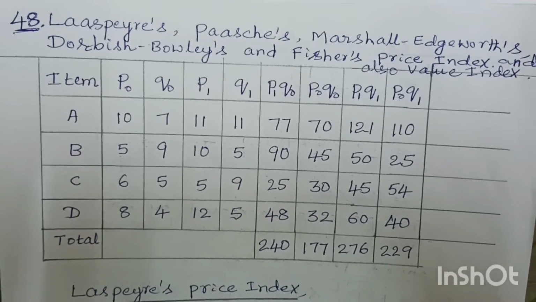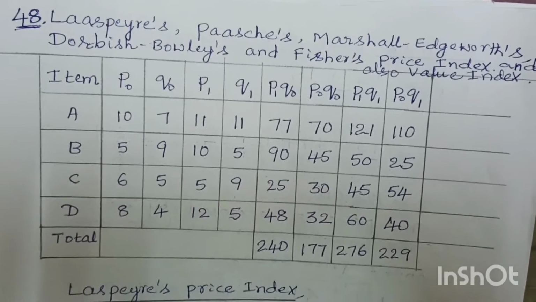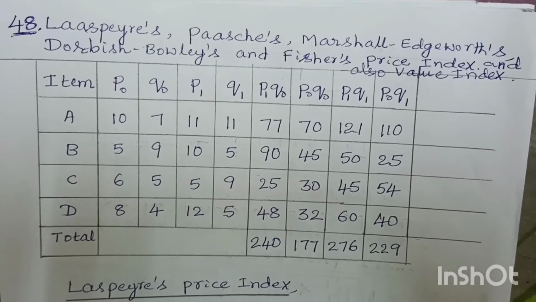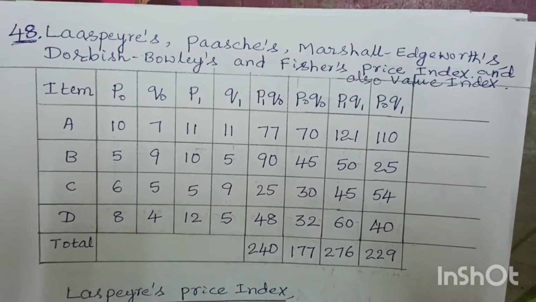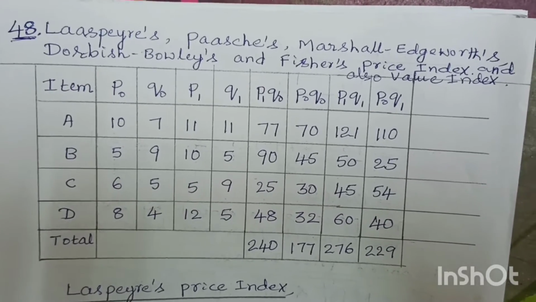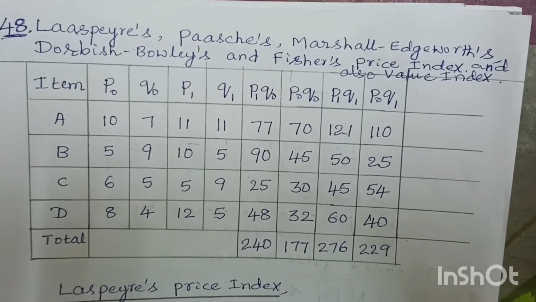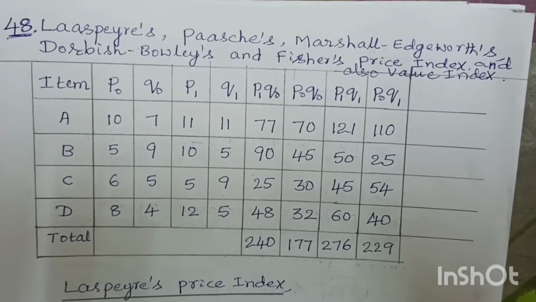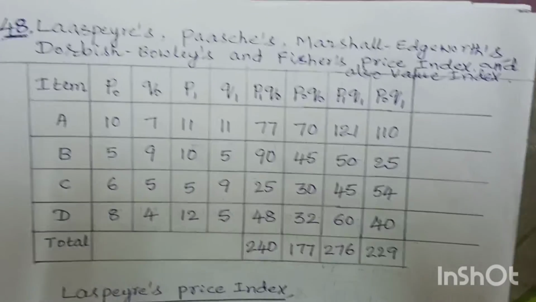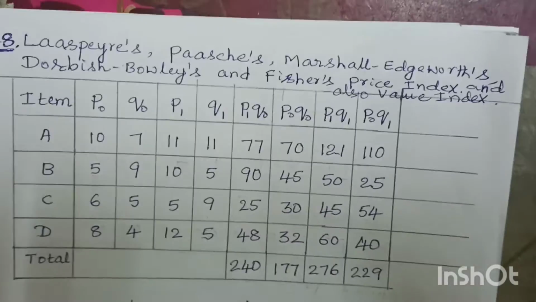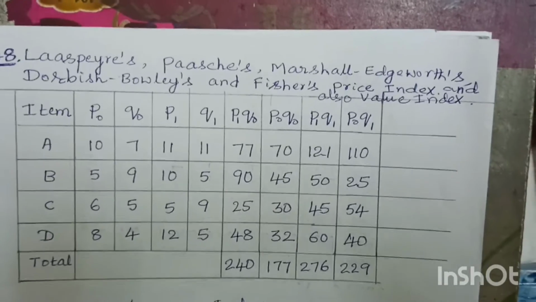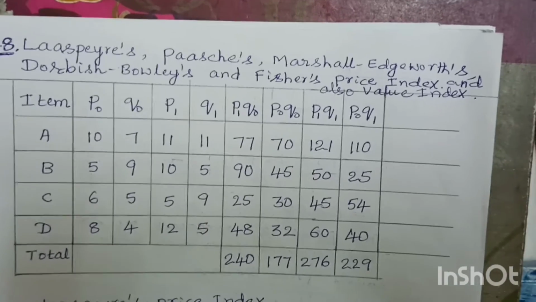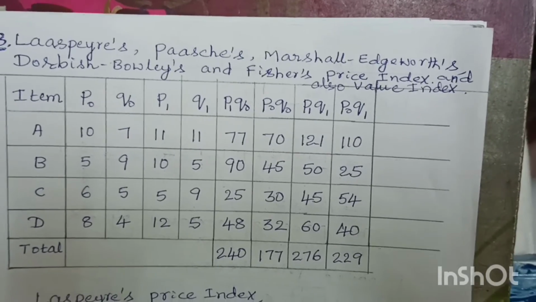The first 4 columns they have already given: item, small P0, that is base year price, small Q0, that is base year quantity, small P1, that is current year price, and small Q1, that is current year quantity. Now find out the products in this order: P1 Q0, P0 Q0, P1 Q1, and P0 Q1.